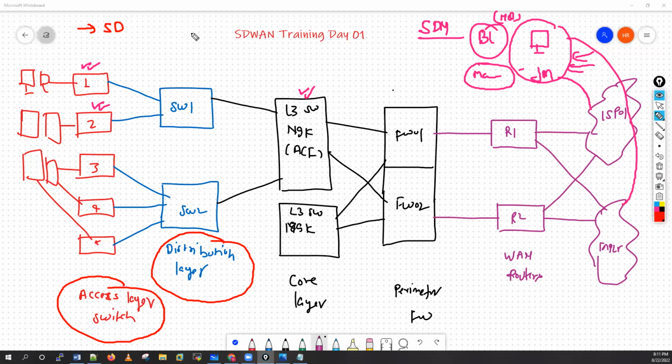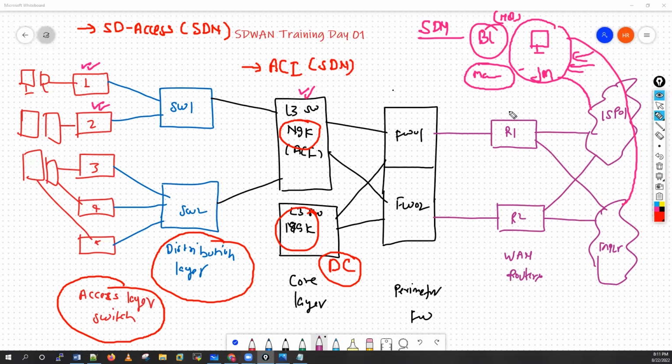So SDXS is one of the SDN solutions, guys. To manage your Nexus switches, these are your data center level switches, right? Cisco have come up with another SDN solution known as ACI. This is also one of the SDN solutions.